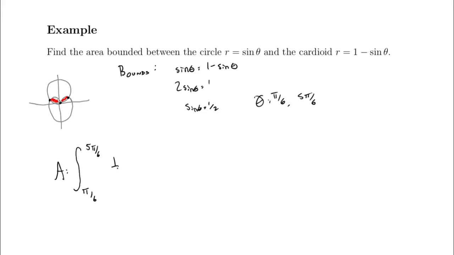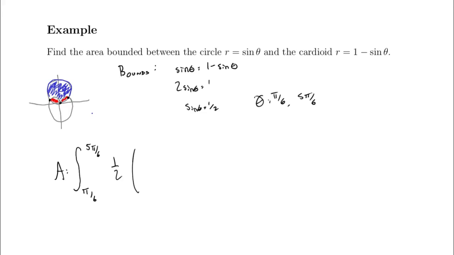of half times, now we've got to think about this, it's the outer one squared minus the inner one squared. Now in this case, what we mean by outer is which one has the bigger value of r, and that's going to be our circle as we move around. So what we're going to do actually is find this blue area with our integral, and then the red area should be easy enough to find because it's just going to be whatever's left over in the area of that circle.